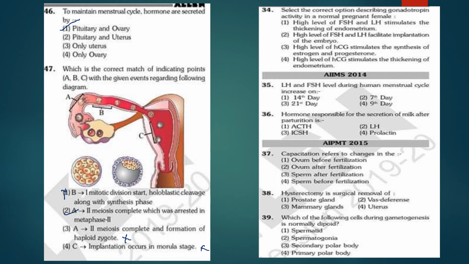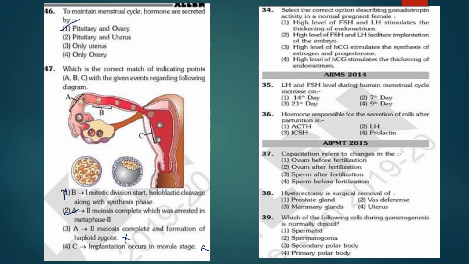So the next question is, out of all the things we have to select the correct one. High level of FSH and LH stimulates the thickening of endometrium? They are responsible for development of follicles, the formation of follicles, and resynthesis of lost follicles as well as the endometrium. That is not correct. High levels of FSH and LH facilitate implantation of the embryo?